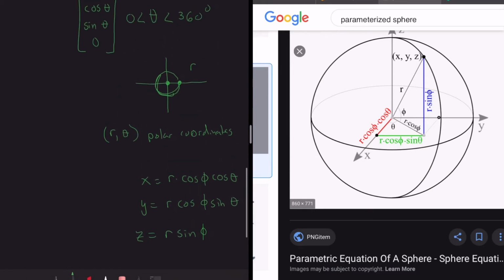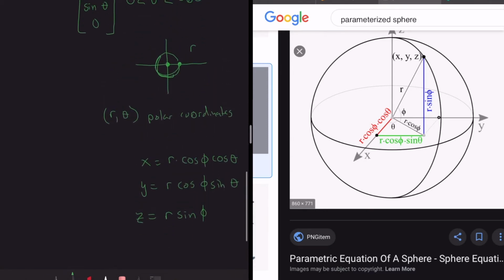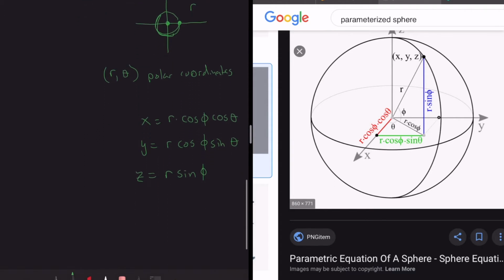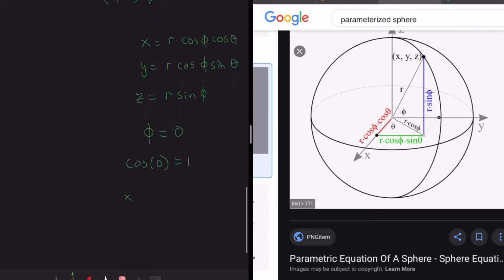And so in our case, again, we're working in 2 dimensions. So what that would mean is that this guy, in our case, is set to 0. And we know that cosine of 0 is equal to 1. So then these will simplify down to r cosine theta, r sine theta.